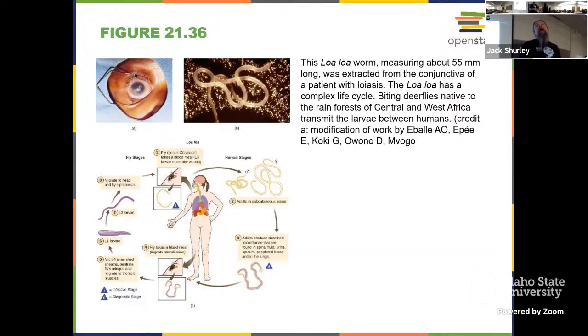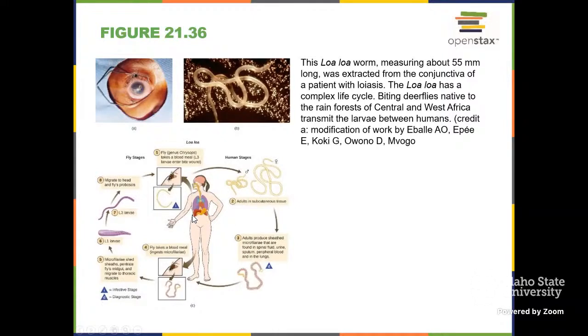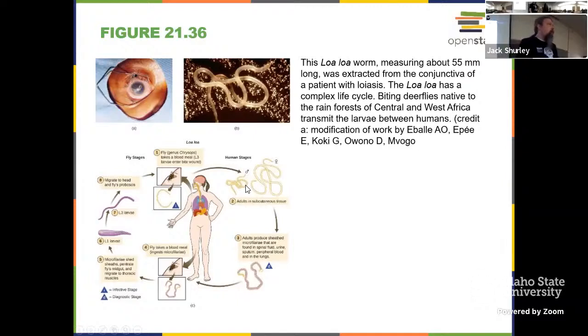There are oftentimes a handful of hosts involved in the transmission, and then the adult stage of the worm, like we're seeing up here, whoever harbors that would be the definitive host. So we happen to be a definitive host with this because we have the adult stage of these worms. They're transmitted by deer flies.